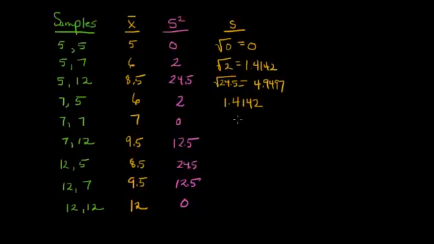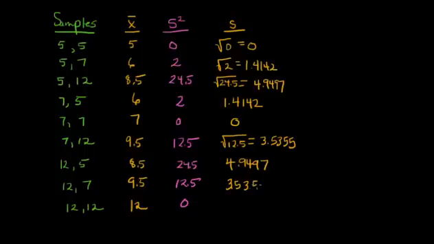The square root of 0, of course, is 0. The square root of 12.5 is 3.5355. We've done 24.5, that was 4.9497. 12.5, 3.5355, and 0 was 0.